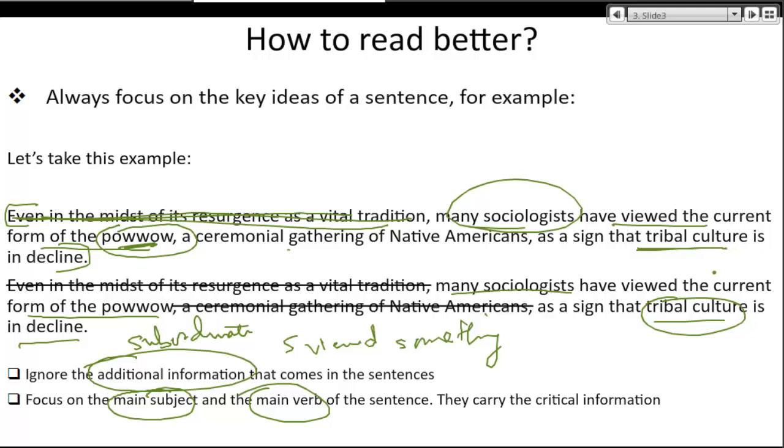How simple I have made it by ignoring this thing, by ignoring what powwow is. Powwow might be something, but as far as understanding the passage is concerned, I know it is a ceremonial gathering of Native Americans. That's fine, whatever it might be. But the important thing is that the sociologists are viewing the current form of it as a decline of tribal culture.